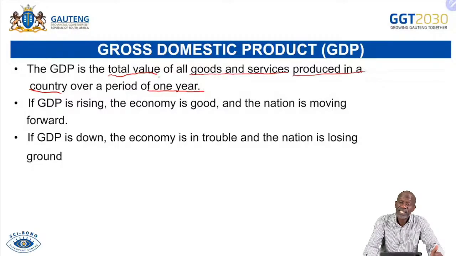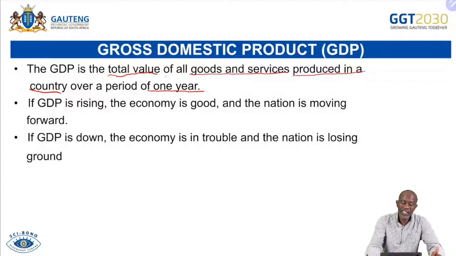If GDP is rising, the economy is good. If the GDP realizes some increase, then it represents a healthy economy or a good economy, and the nation is moving forward. The nation is developing or developed.